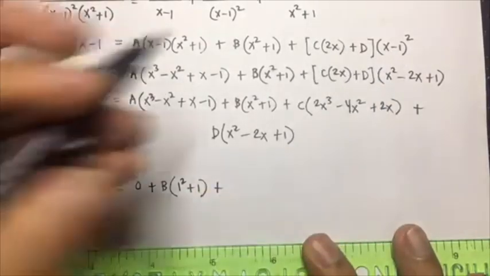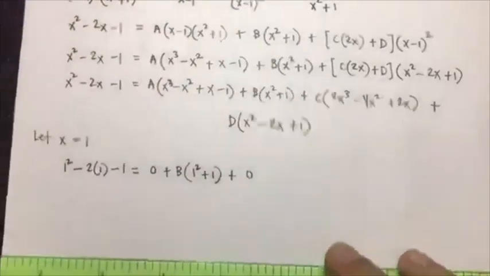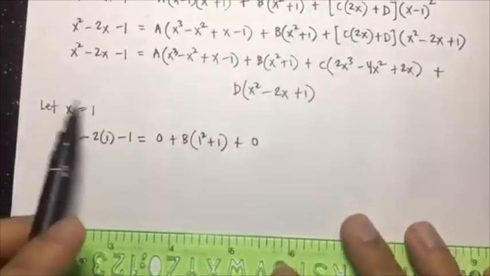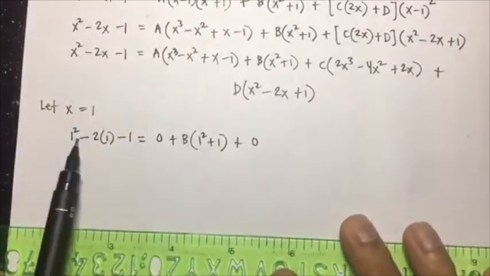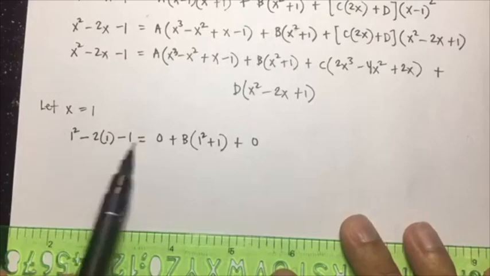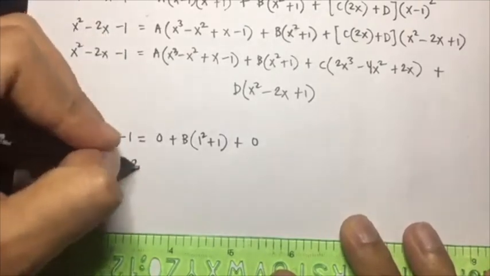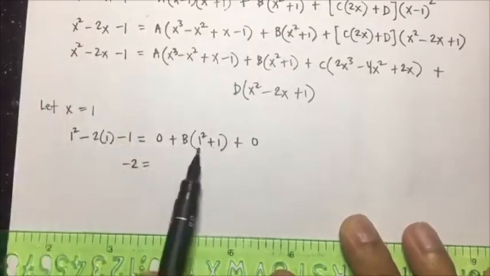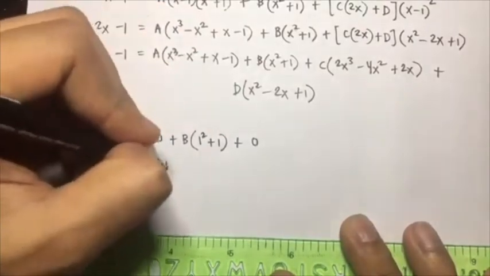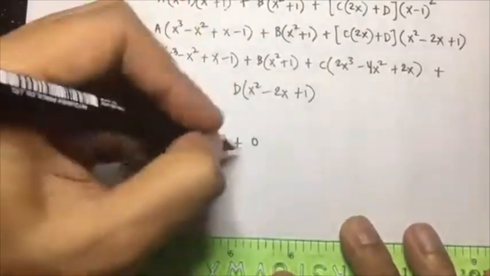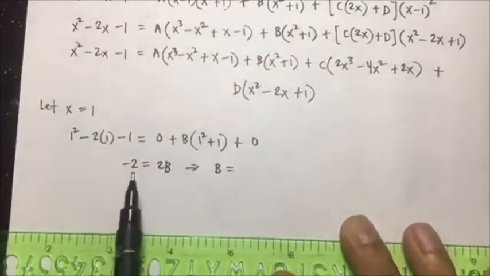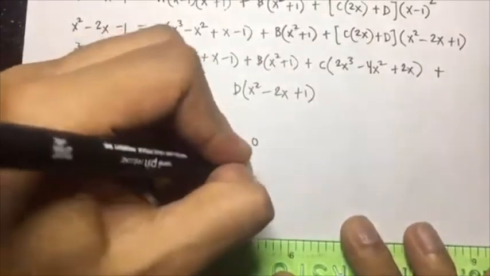Therefore, we can now solve for b. This will become 1 minus 2 minus 1, that is negative 2, is equal to 1 plus 1, so we'll have 2b. Dividing both sides by 2, we have b equal to negative 1.